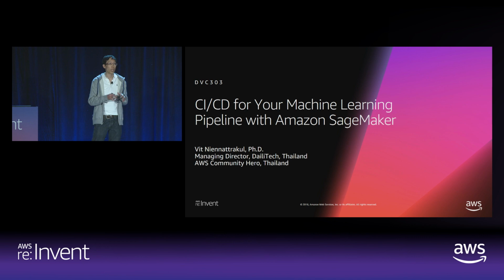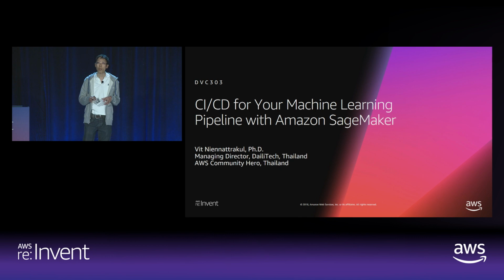So we have many use cases for SageMaker, but to put SageMaker into production, you have to think about the process for the data scientist to commit the code, or some process to make your production reliable and highly available, right? So in this topic, I'm going to talk about my experience with SageMaker and how I think about the CI/CD workflow on SageMaker, right?